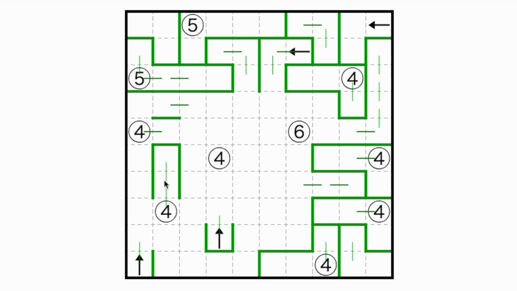This is assuming that the 4 is that. So it's not that, but it could still go left, and the 4 would be satisfied. In fact, that actually starts to look likely to me. Okay.